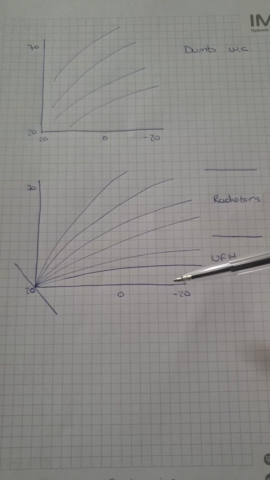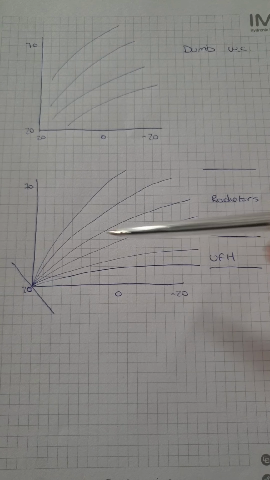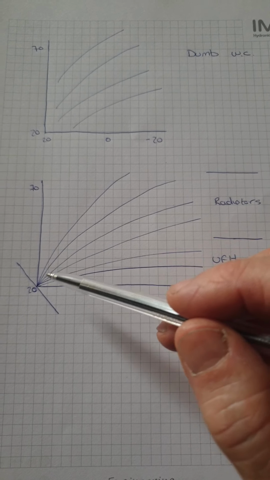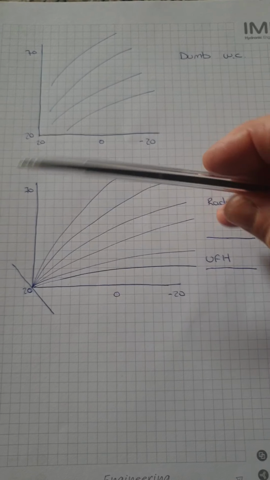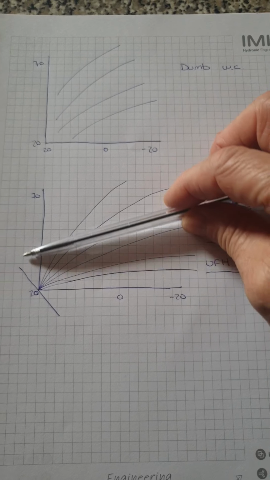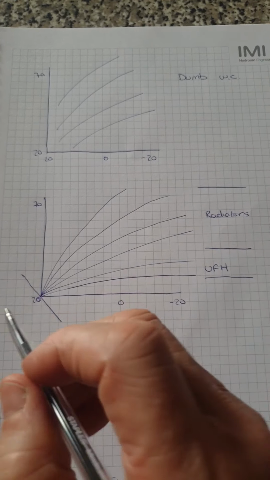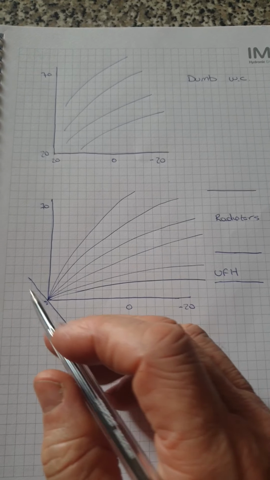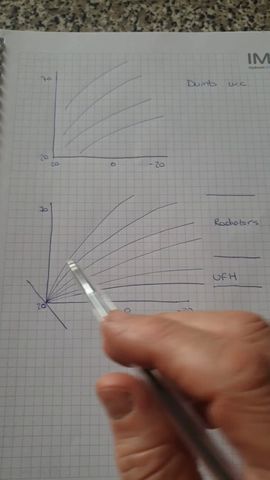So, intelligent weather comp, basically you can adjust the level or shift, which is, in fact, they run up and down this line here. This is representing your shift, and you can adjust your curve here.